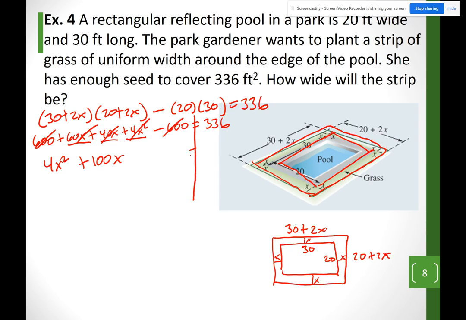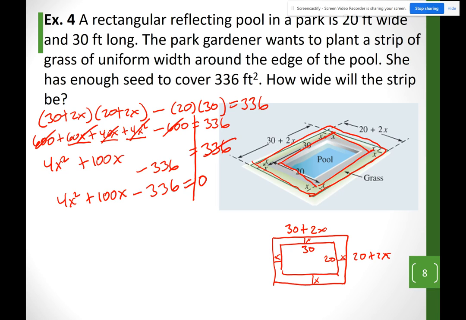This is equal to 336. Let me get the right side equal to 0. Let me move this 336 over. That's a minus 336. So I have 4x squared plus 100x minus 336 is equal to 0.